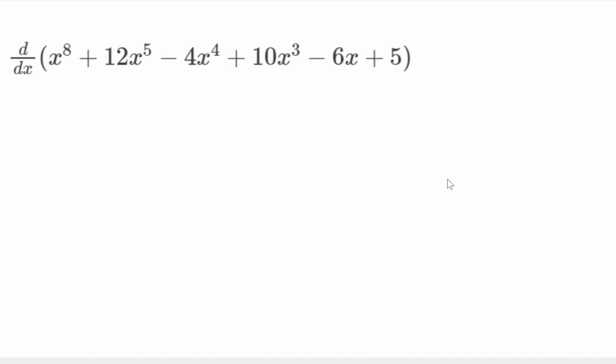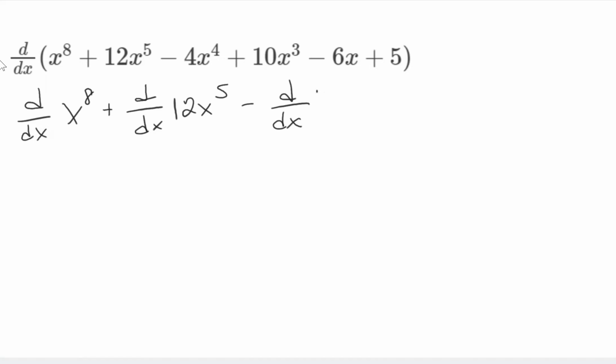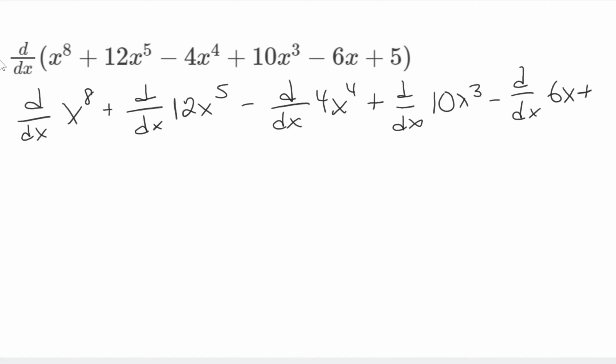So in essence, we're going to do d dx of x to the 8th plus d dx of 12x to the 5th minus d dx of 4x to the 4th plus d dx of 10x to the 3rd minus d dx of 6x plus d dx of 5.